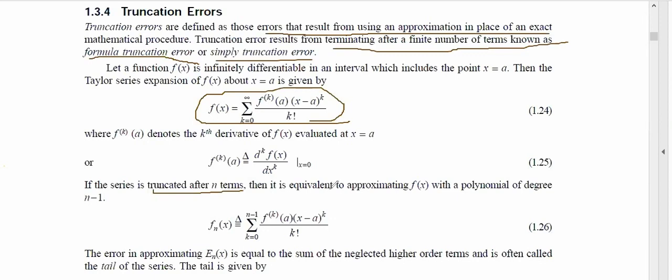Then it is equivalent to an approximate f(x). One is the original f(x). When we truncate the terms, then we get the approximated f(x).